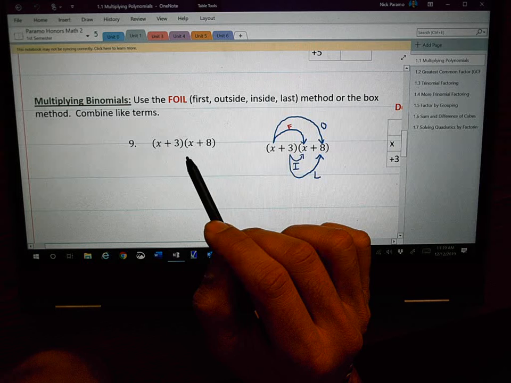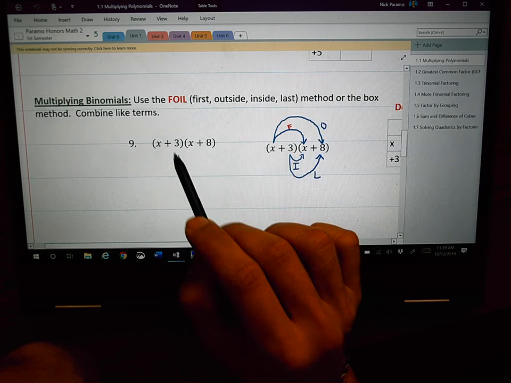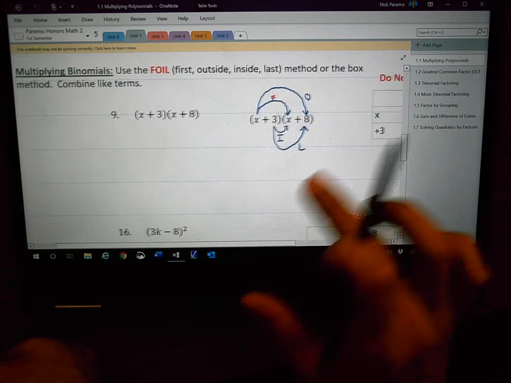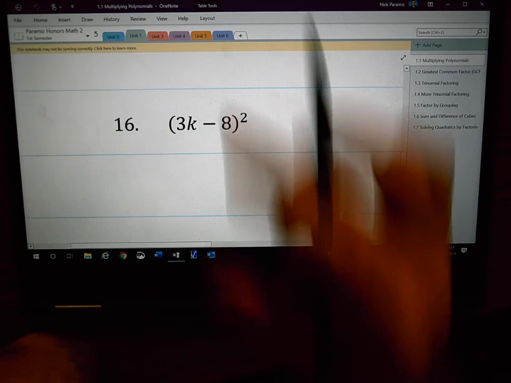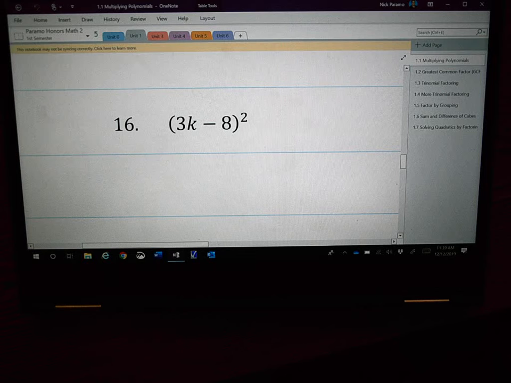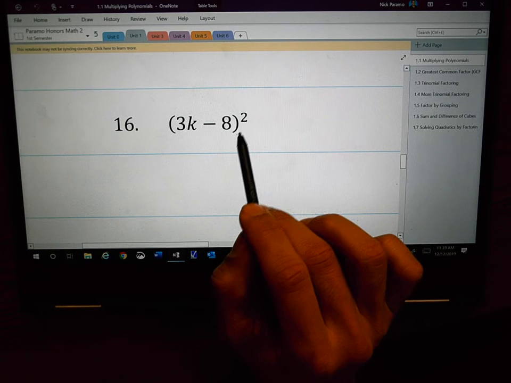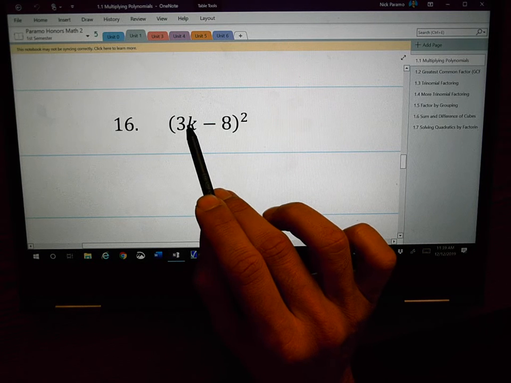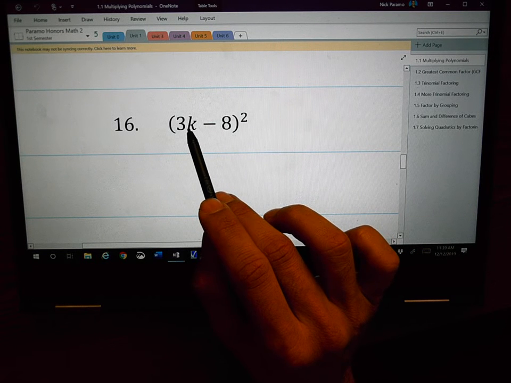The people who forget, they forget the O plus the I. Don't forget the O plus the I when you're doing FOIL, because the most common mistake that was made back in Unit 1 for foiling was that people thought you could just square the 8 and square the 3k. You cannot do that.